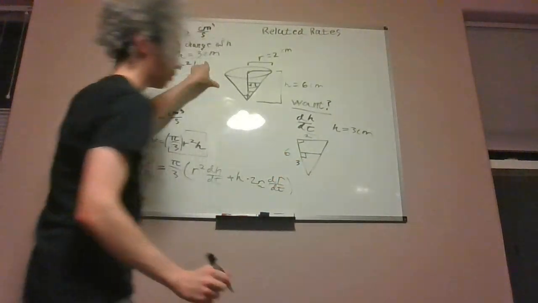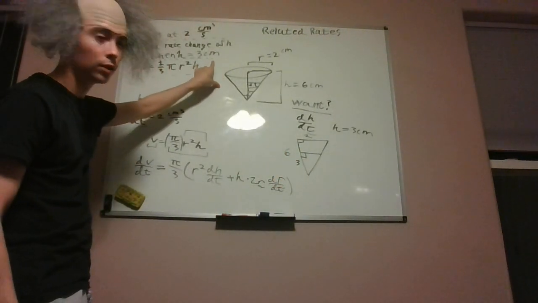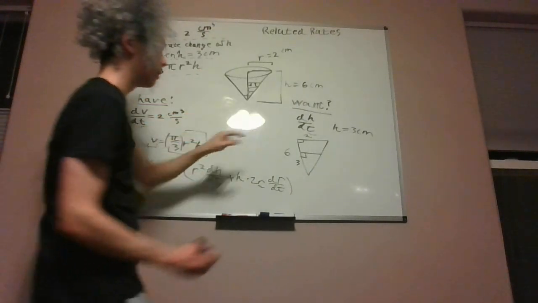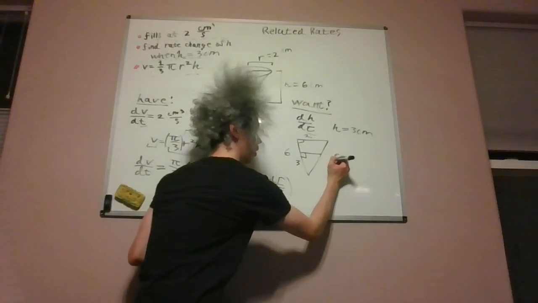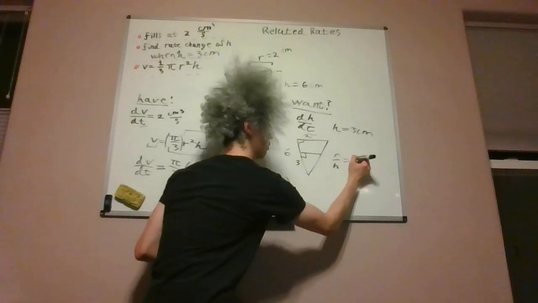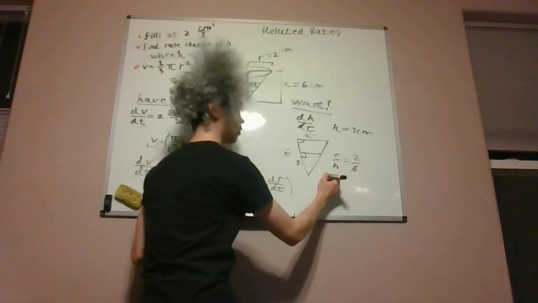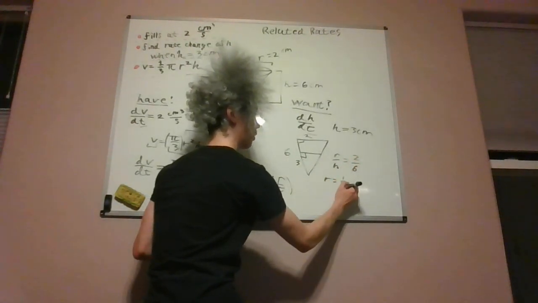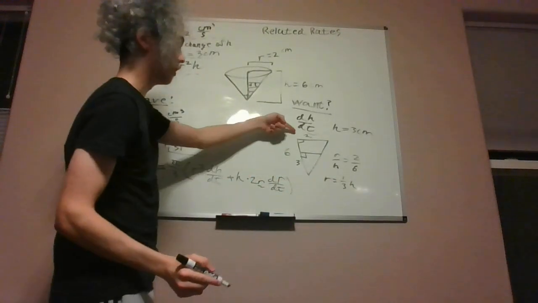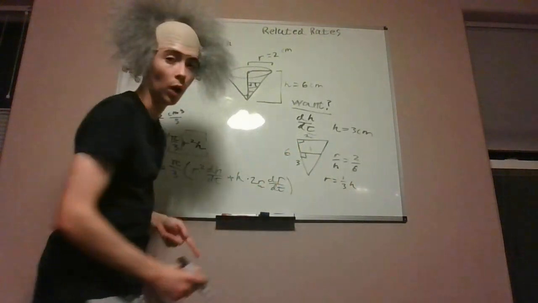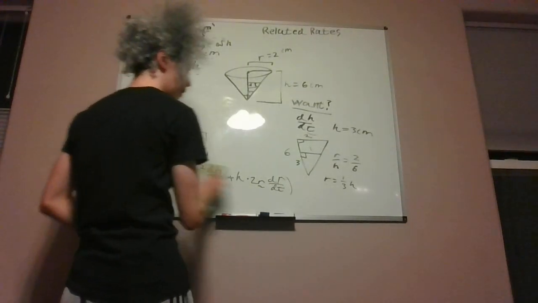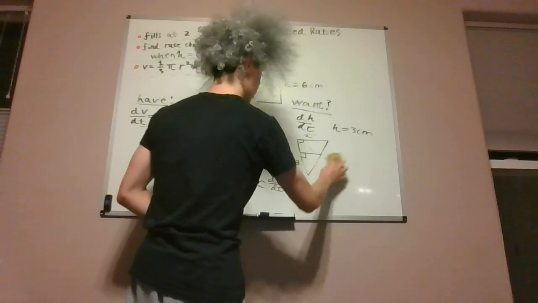Height is equal to 3 centimeters, well, what would radius be equal to? So we could do some kind of ratios here. r over h is going to be equal to 2 over 6, right? So r is going to be equal to 1/3 h. Or you could just realize that 2 is 1/3 of 6, so this r value must be 1, right? That helps us.